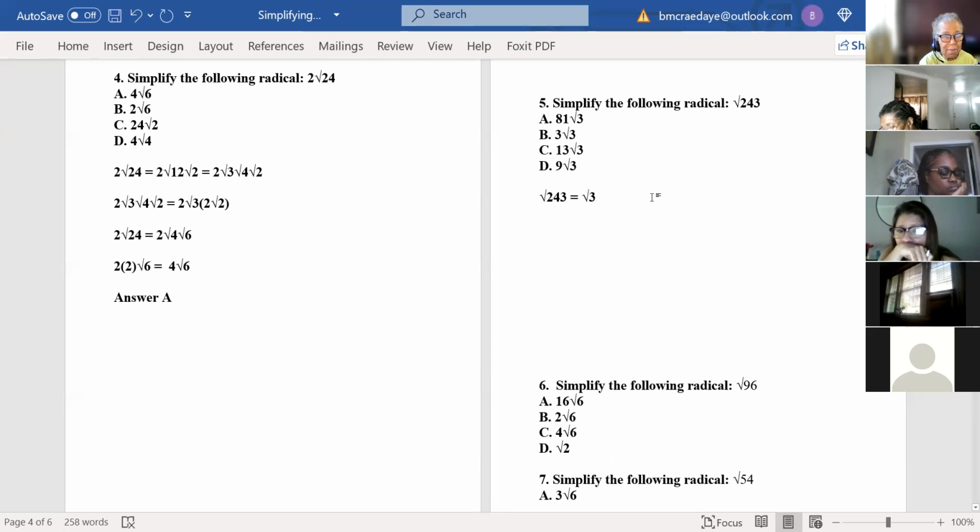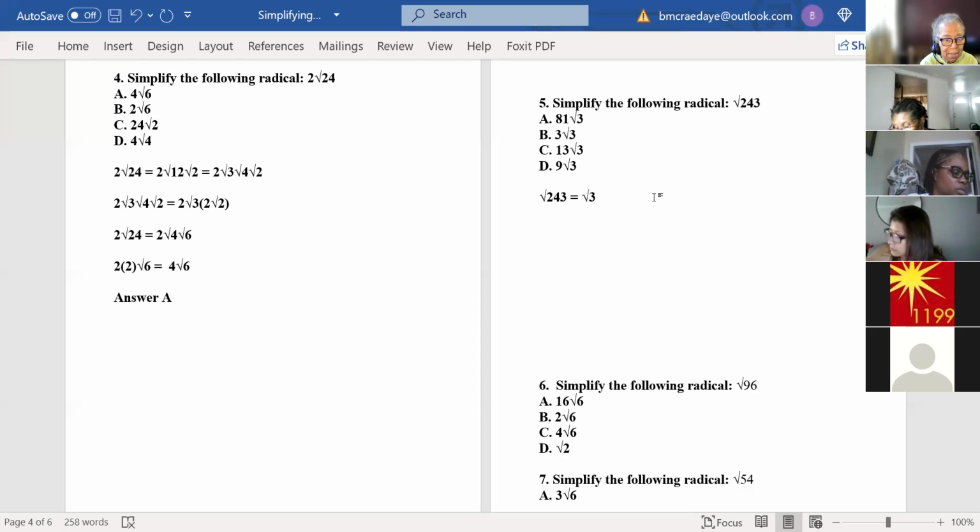What number? That means you've got to say 243 divided by 3. So what's 243 divided by 3, Chastity? That's your factor. 243 divided by 3.